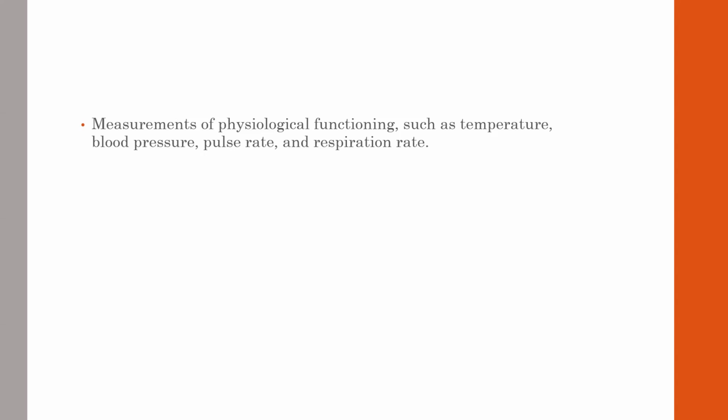Pulse rate is measured in beats per minute, and normal pulse rate for an adult would be between 60 and 100 beats per minute, even though that will fluctuate, as well as temperature and blood pressure throughout the day.